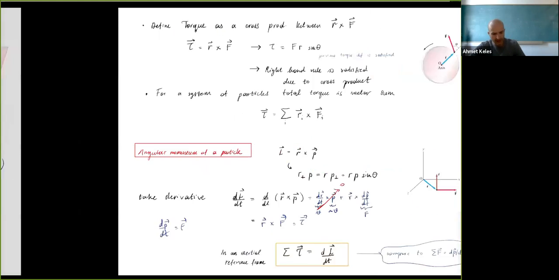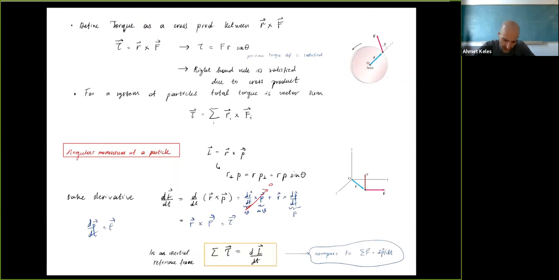Now we can introduce torque, and we define the torque as a cross product between R and force. You can see from here, if you write torque as F R sine theta, the previously defined torque, I think we defined it last week, is satisfied. You can think of this like F times R perpendicular or R times F perpendicular.